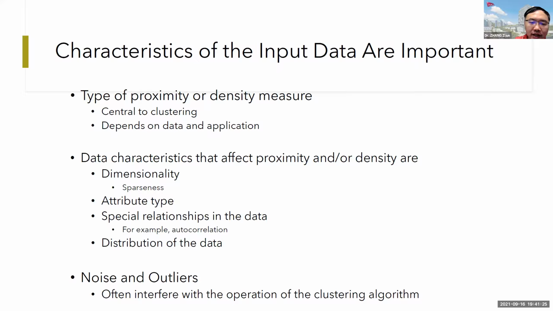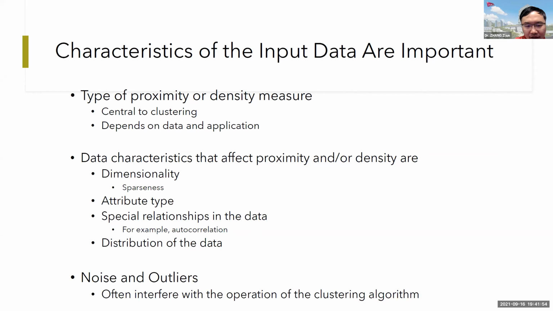So data characteristics that could affect the proximity or density include, first, the dimensionality. Usually a high dimensional data space typically introduces sparsity, or the sparseness of the data points. And also the attribute type, whether they are all numerical or they contain some discrete values.